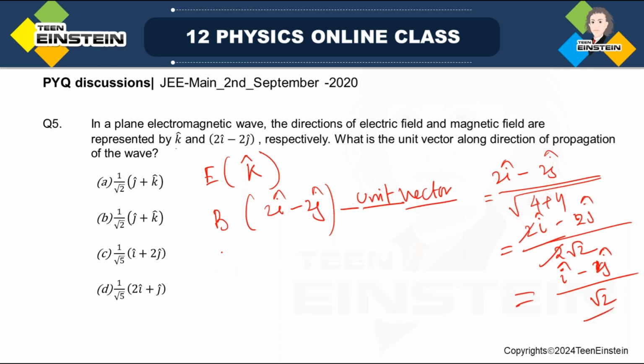So I have got two directions now. So B has got direction i cap minus j cap divided by root 2. Okay, I'll write it directly here.